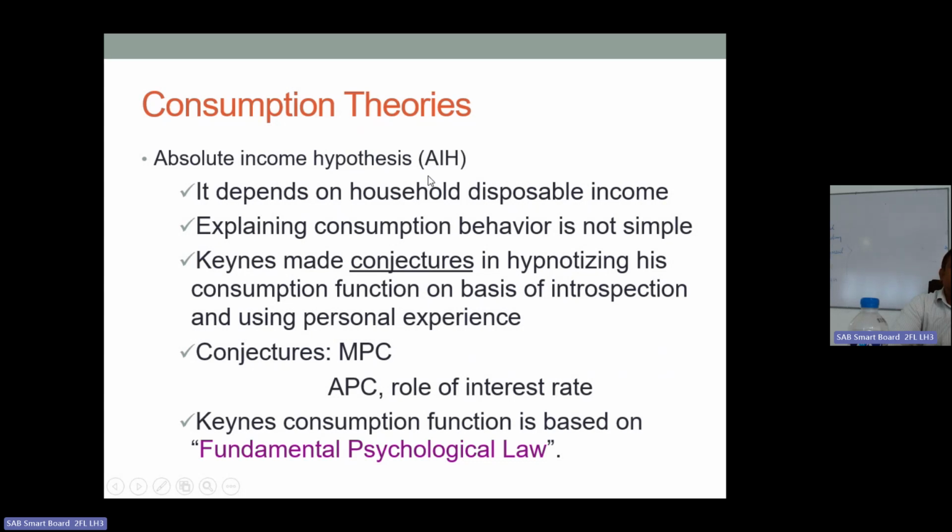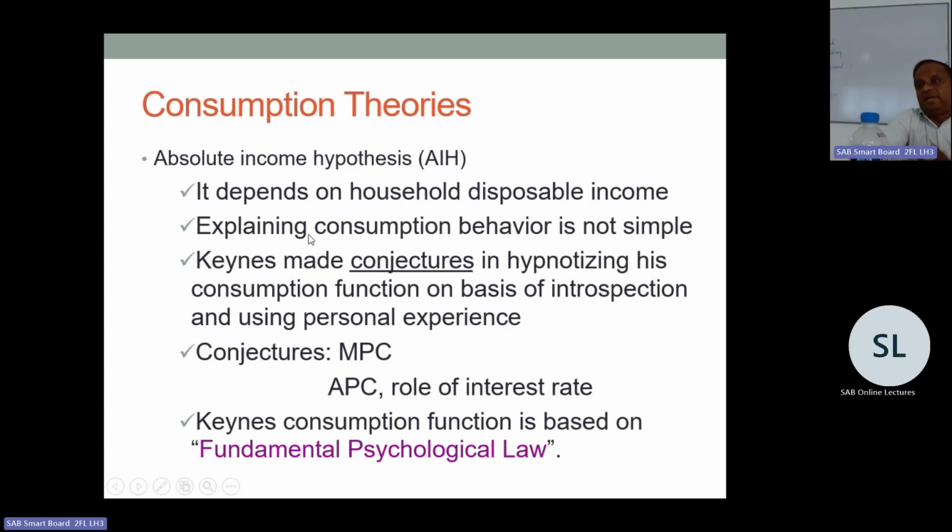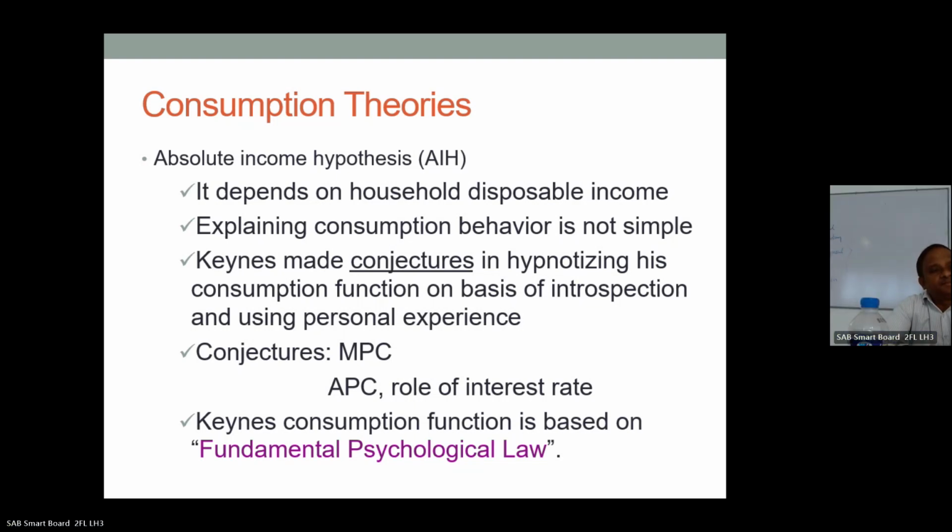According to the absolute income hypothesis, consumption mainly depends on the income or the disposable income. C is a function of YD, disposable income. Consumption depends on disposable income.